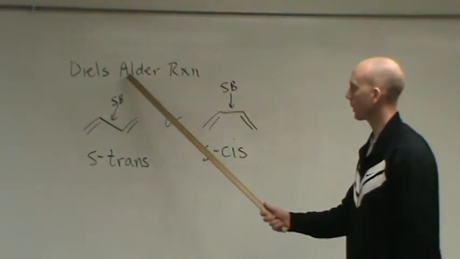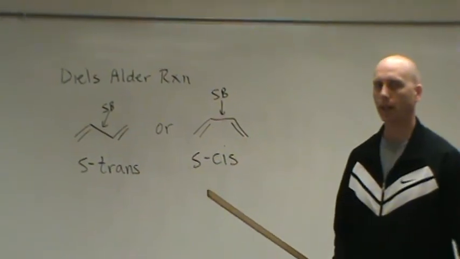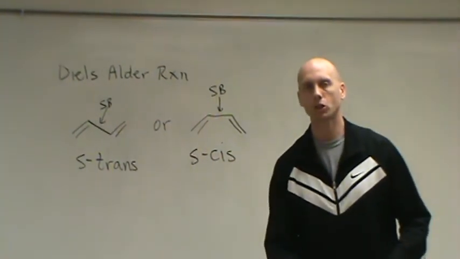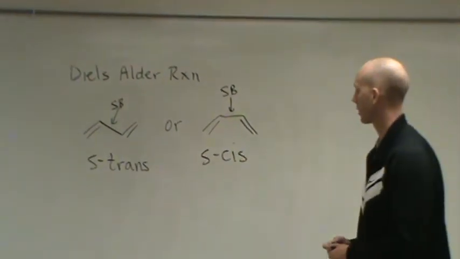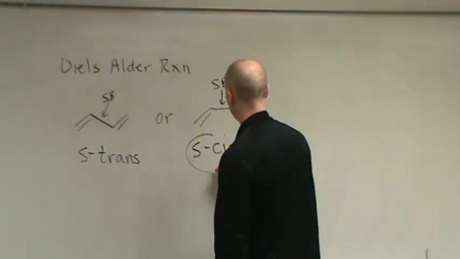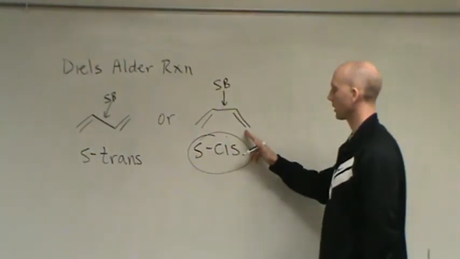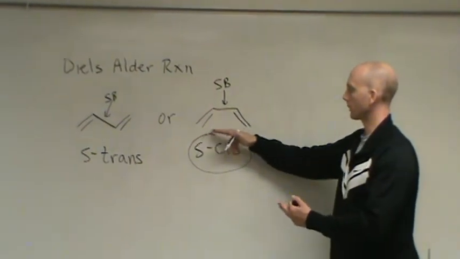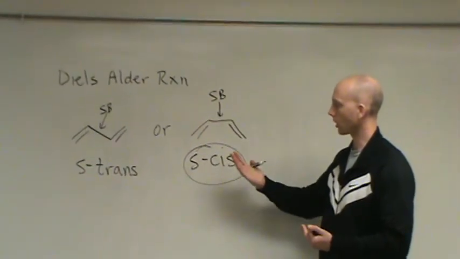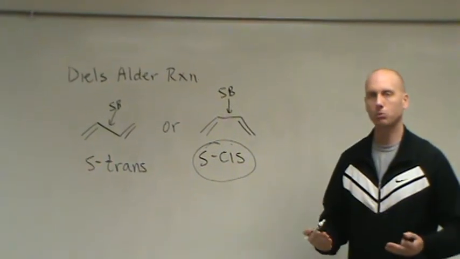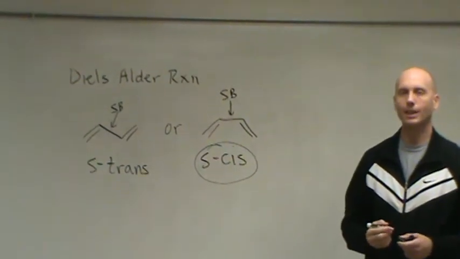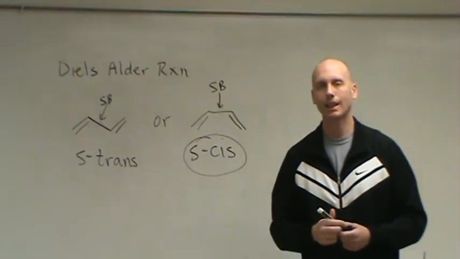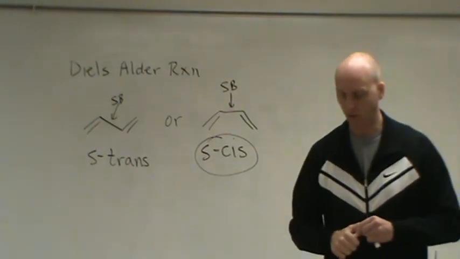Which do you think we use for the Diels Alder reaction? You probably saw it as we drew it earlier. It's the S-cis. Why do we want to use the S-cis? Because both terminal carbons are on the same side, so they can form the attachment to the dienophile very easily.